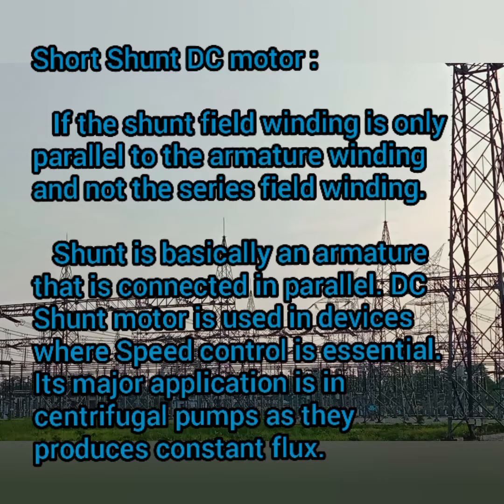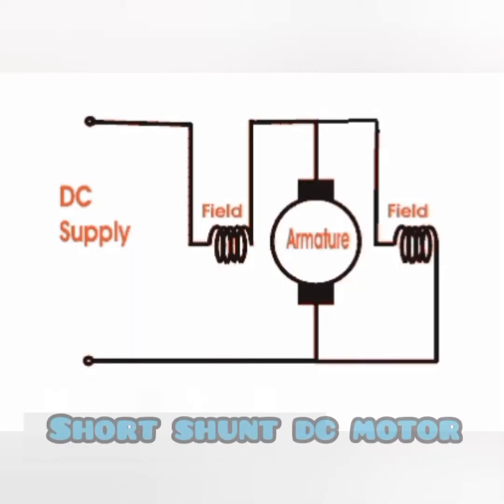As you know, the DC shunt motor is used in your devices where speed control is essential. It is mainly used in your centrifugal pumps and other reciprocating type of pumps. This is the connection diagram of your short shunt DC motors. In here the field winding is connected in a series, and also it will act as a parallel to the armature.